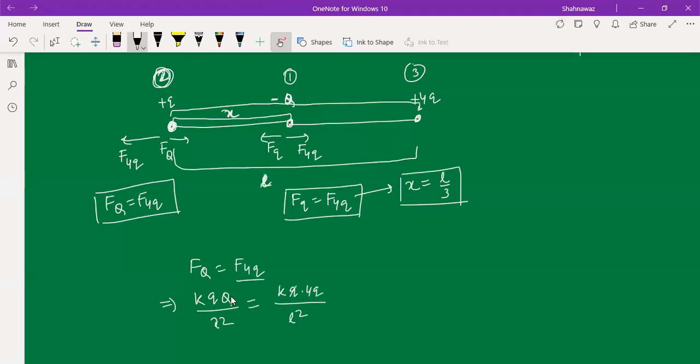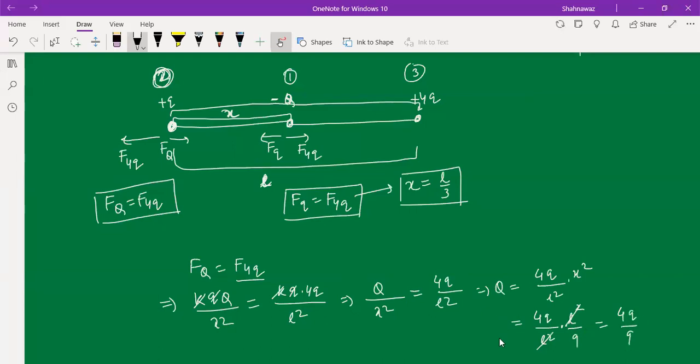So Q cancels, K cancels, and Q by X square equals 4Q by L square. So Q is 4Q times X square by L square. And you know X is L by 3, so X square is L square by 9. So L square cancels, and you have 4Q by 9, and this is negative. So minus 4Q by 9.